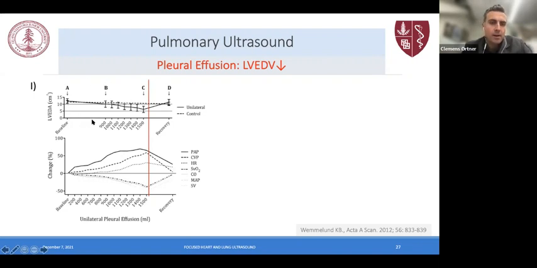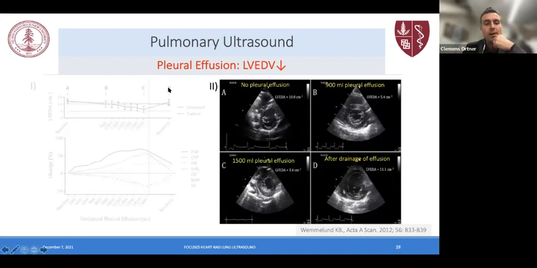And on the upper part of this figure, you see the more the pleural effusion is increasing, the smaller becomes the left ventricular end diastolic area as a marker of left ventricular filling. So to sum up, pleural effusion will cause a decrease in left ventricular filling, causing a decrease in cardiac output. It's like imitating more or less a pericardial tamponade.